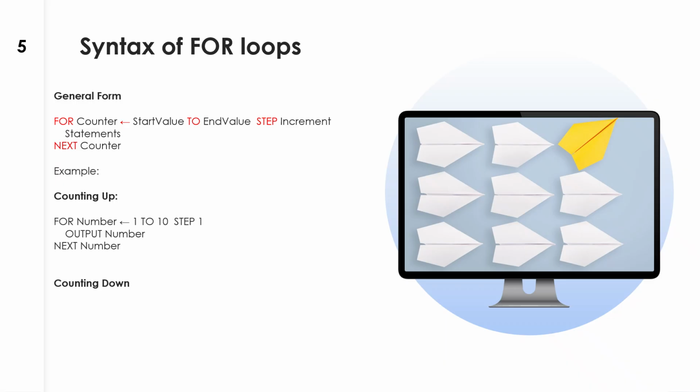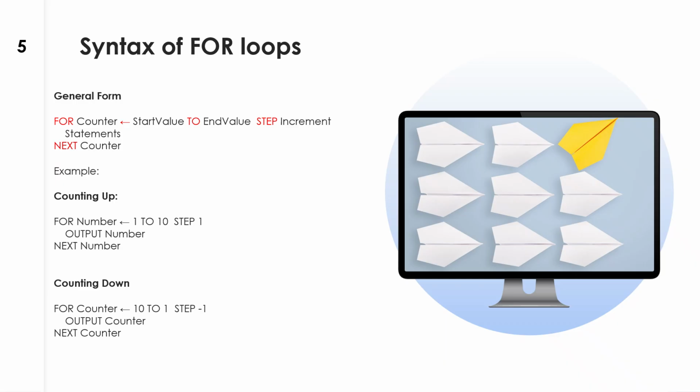Another example is of count down. Here the numbers will be decremented. So in the counter, for counter, after the arrow, we are going to write down the maximum number from where it is going to be decremented to the minimum number.